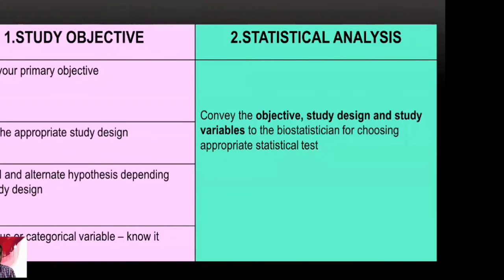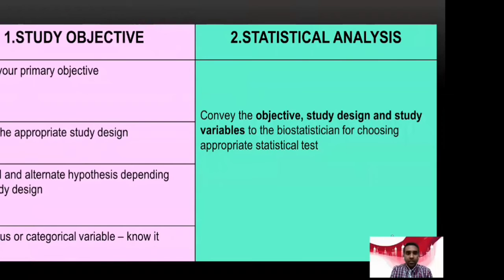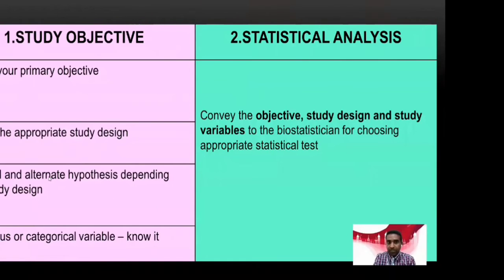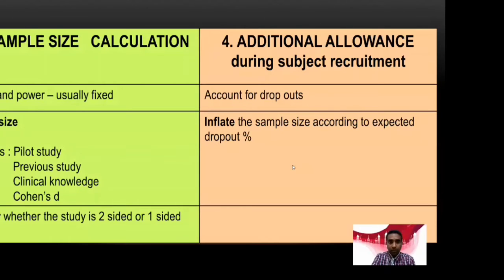So summing up, we have to understand the study objective clearly, choose your primary objective, choose the appropriate study design, state your null and alternate hypothesis depending upon the study design, know your variables, whether continuous or categorical, and how you are going to measure your outcome measure. Give it to the statistician, he will find the appropriate statistical test and give the formula.